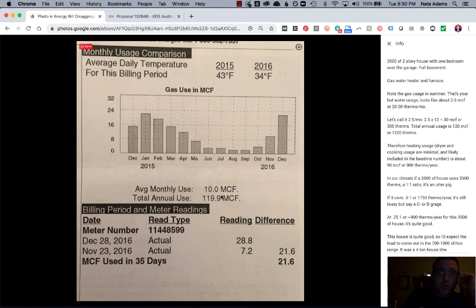And then you need to know what your gas cost is, because with EDS, you're going to need to know that. So 900 therms, I usually figure here somewhere between 70 and 80 cents per therm, all in, because the meter fee here is very high. It's $30 a month, and then the gas itself is very cheap.